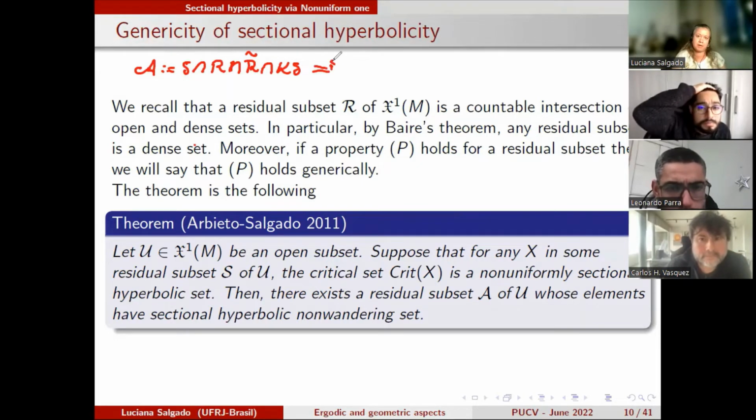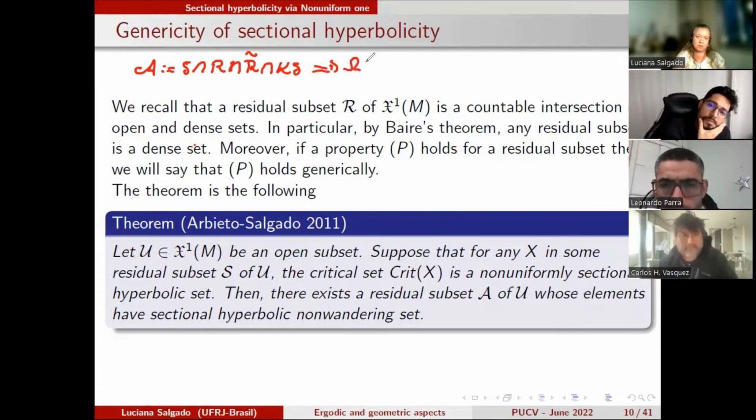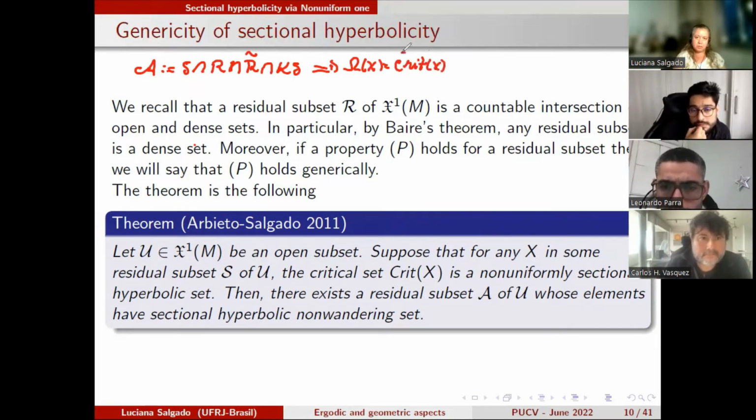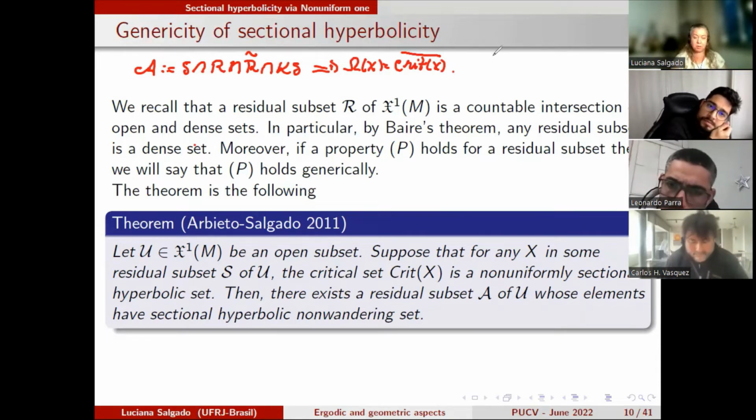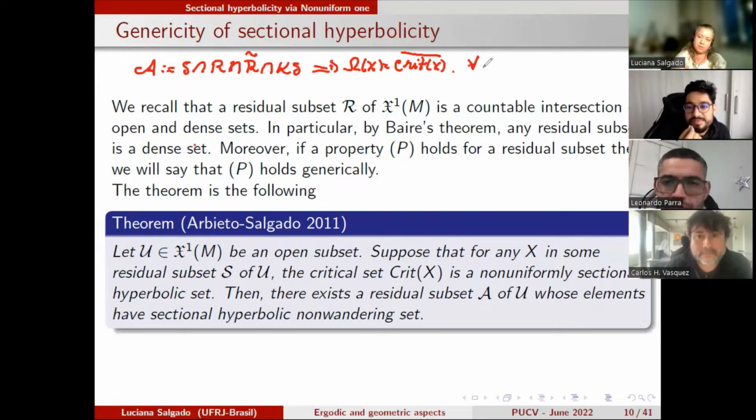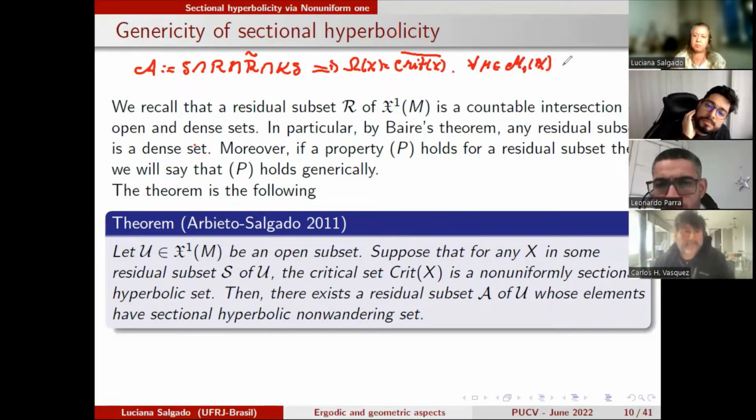And this implies that omega of X is the closure of the critical points, and it has, for all ergodic measures, let me write this down better, here we have it is approximated by a convex sum of measures whose support is in critical points.